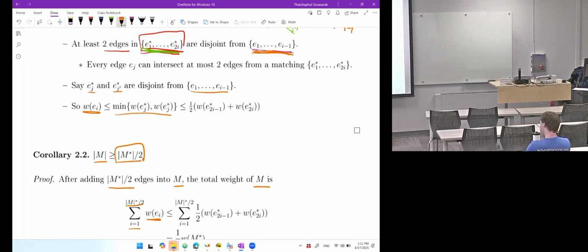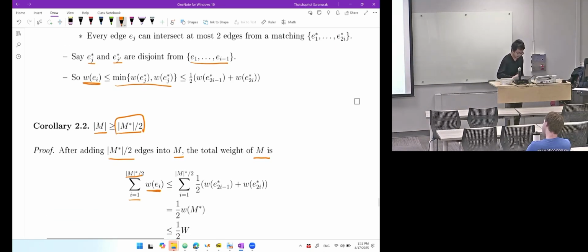So this is just the sum over the weight of everyone in M star. We sum over M star over 2 terms, but for each term we take 2 guys from M star. So the sum is just the sum of the weight of M star over 2. And the weight of M star is at most W. Why is that?